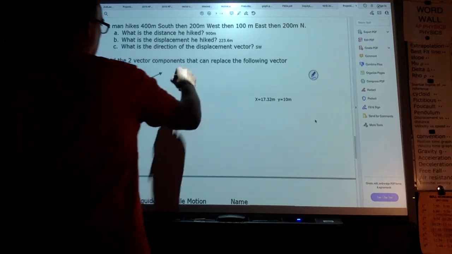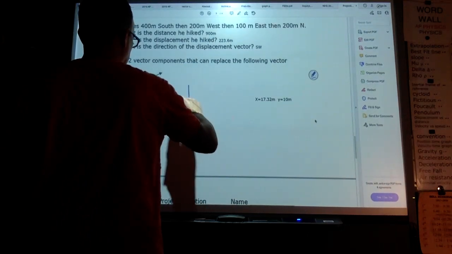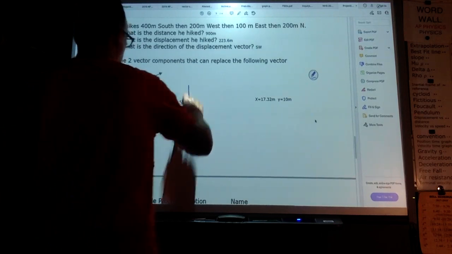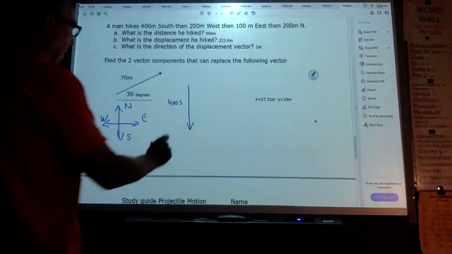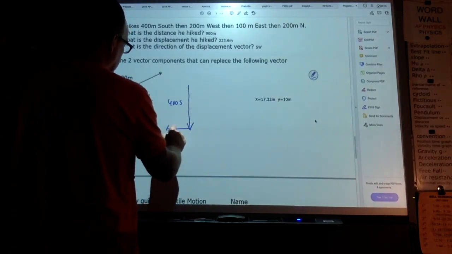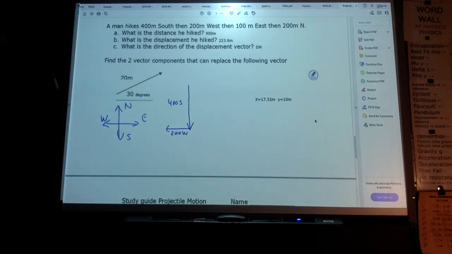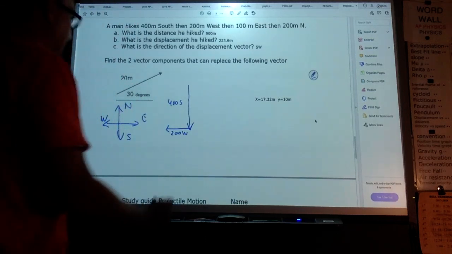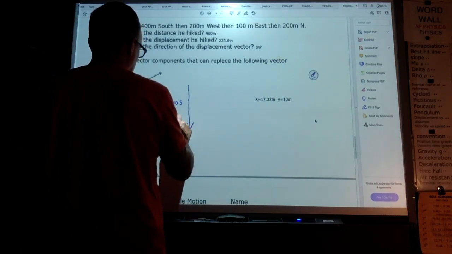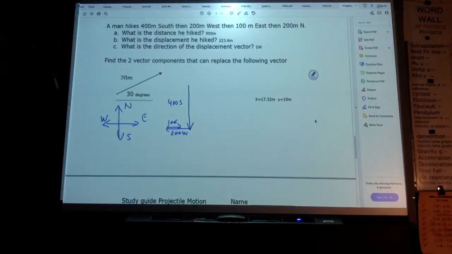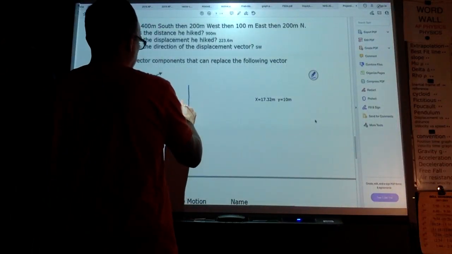So I'm going to go 400 south. Then I'm going to go 200 west, so about half of this. Then I'm going to go 100 east, so I'm halfway on there. And then I'm going to go 200 north, so now I'm halfway up here.